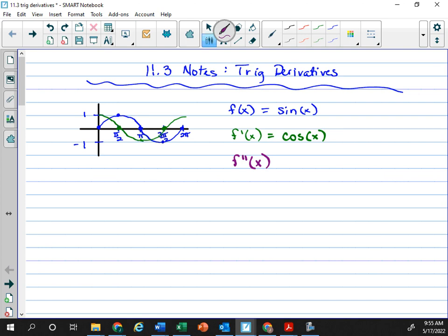Check in. Does your sketch look like your neighbor's? So you can either be looking at the concavity of the blue graph or the increasing, decreasing, max-min of the green graph. Either way will work.